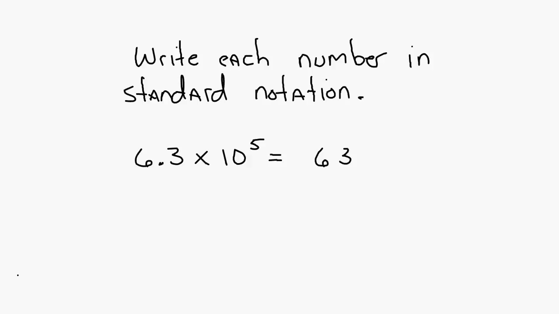So you take your pencil and you go 1, 2, 3, 4, 5 places to the right. And then you fill in these little cups with zeros. So that's the number written in standard notation. And then every 3 you're going to put a comma. So there's your comma. 630,000.